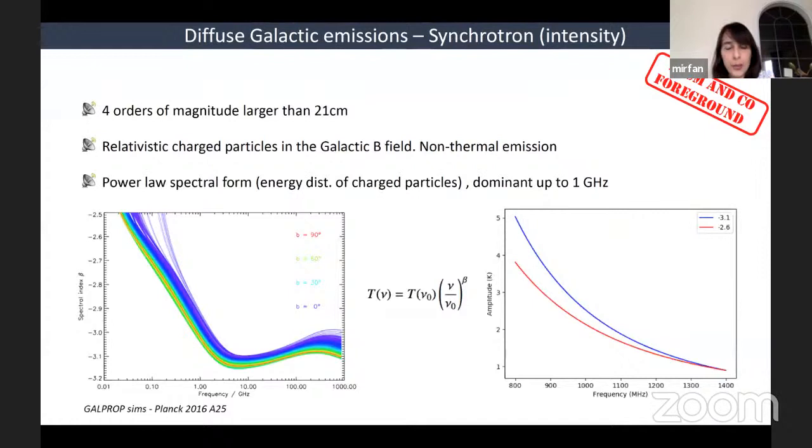So first I'm going to start talking about the diffuse emissions. I want to start with synchrotron first. I'm going to put a stamp in the top right-hand corner, and that stamp is essentially meant to mean that if you're doing this kind of cosmology, then this should be of interest to you. So I put a stamp on saying if you're doing a 21 centimeter intensity mapping experiment, synchrotron emission is a foreground that's of interest to you.